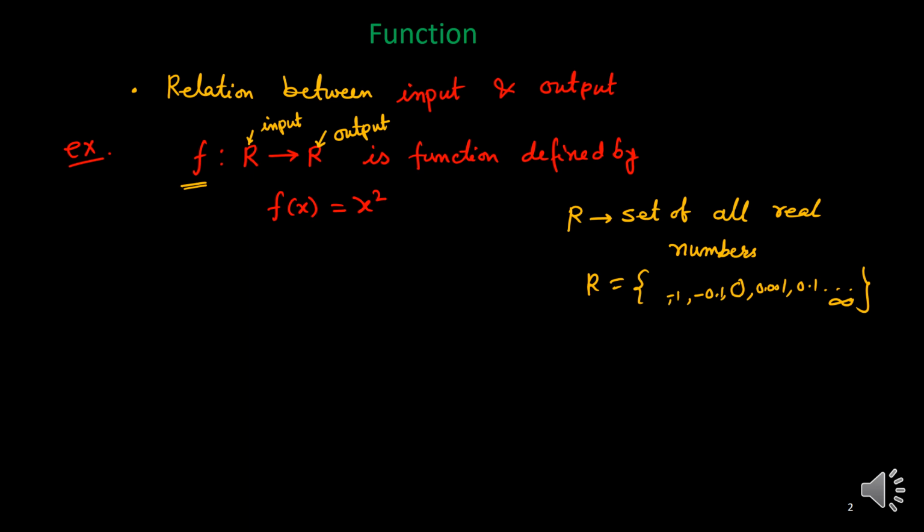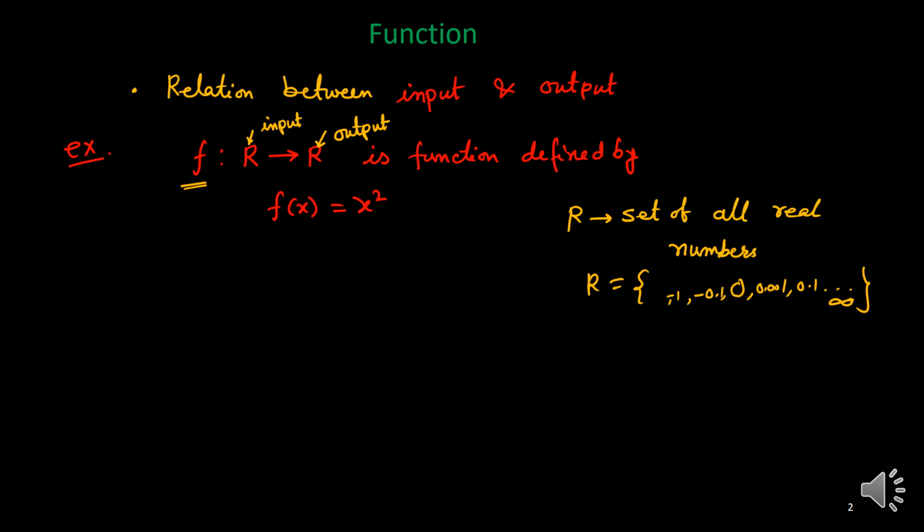So it says that f is a function which takes input from real numbers, and it will produce one value or output again in real numbers. Means this function takes real values, and again it is going to produce another real value.